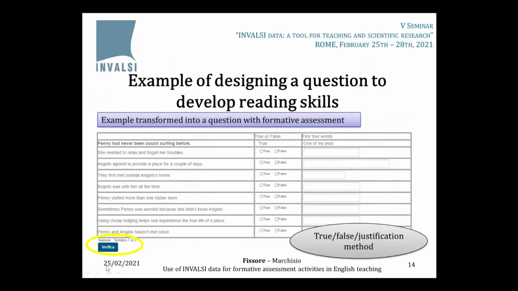At the end of the question, there is a verifica button, which means verify in Italian, that the students can click at any time for a maximum of 3 times to verify the correctness of the answer given. In this case, students have immediate feedback while they are focused on the task. And the feedback is about the correctness of the answer and on which part, if any, were wrong.